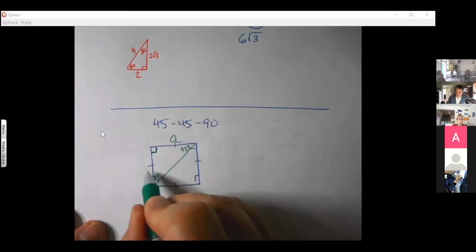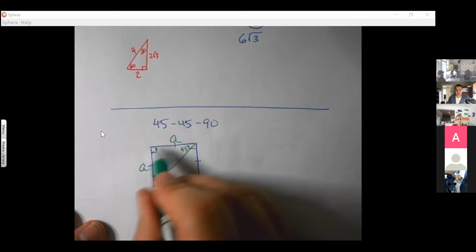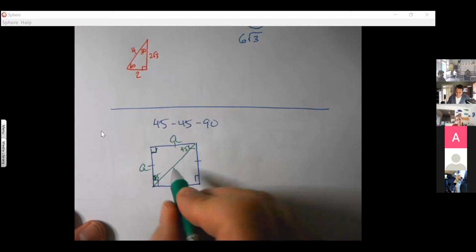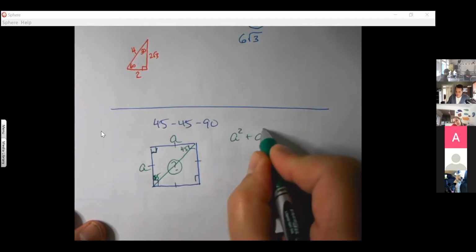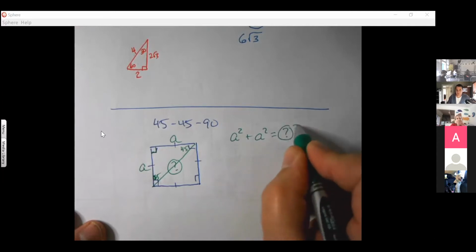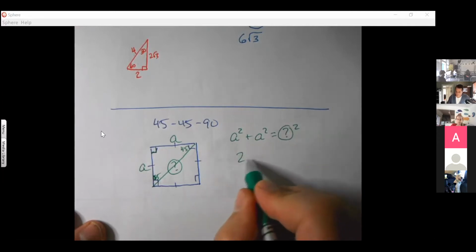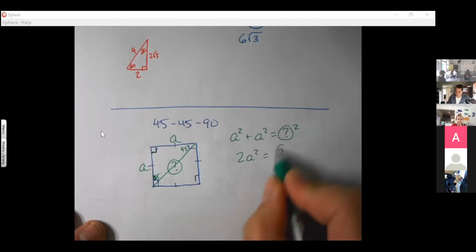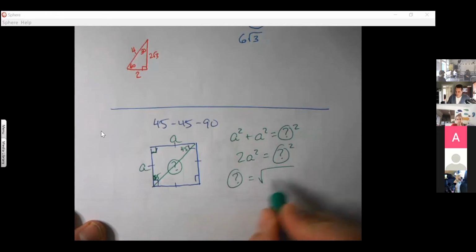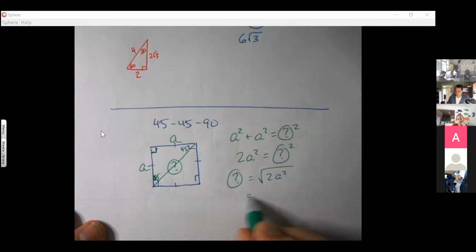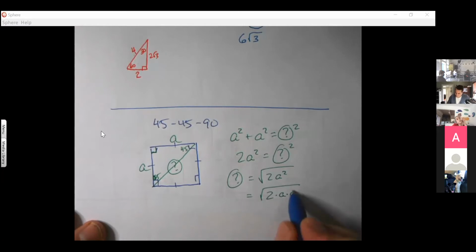And whatever length this side is, this side is going to be the same, right? Because it's isosceles. And then this piece, if I have a squared plus a squared equals question mark squared, that gives me 2a squared equals question mark squared, which means the question mark is equal to the square root of 2a squared. Well, we learned last class that we can factor this and look for what comes out.